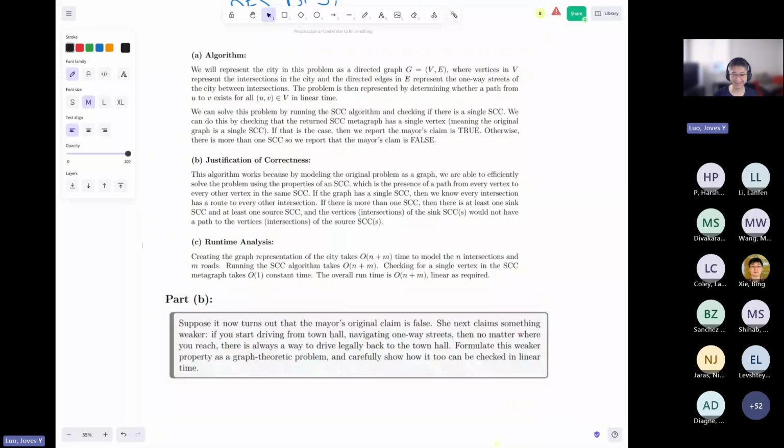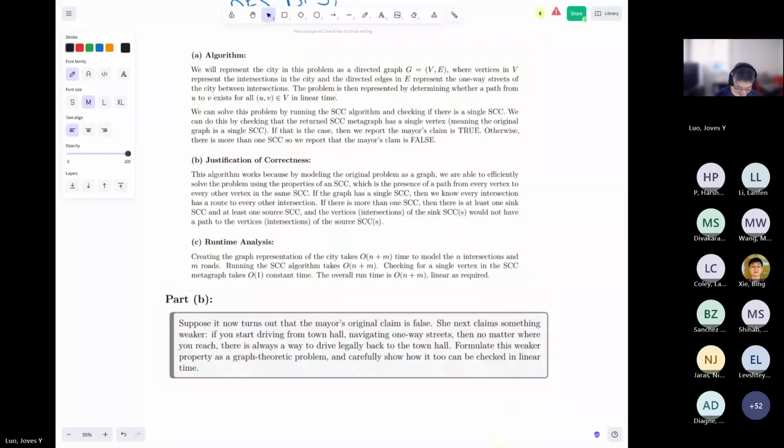Okay, we'll continue with this plan that I've already implemented, and there's nothing we can do about it. She next claims something weaker. If you start driving from town hall, navigating one-way streets, then no matter where you reach, there is always a way to drive legally back to the town hall. Formulate this weaker property as a graph problem and carefully show how it too can be checked in linear time.